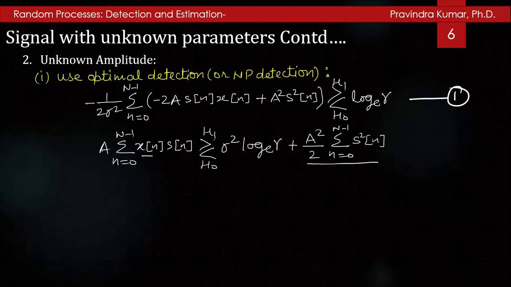Now consider this total value as the new threshold gamma dash.